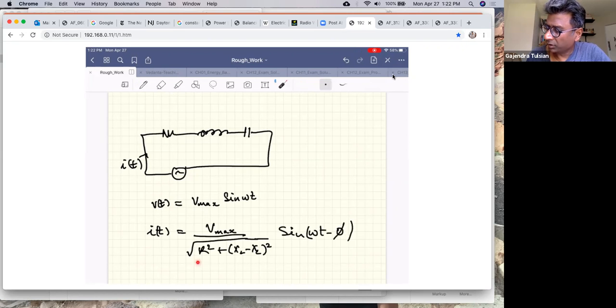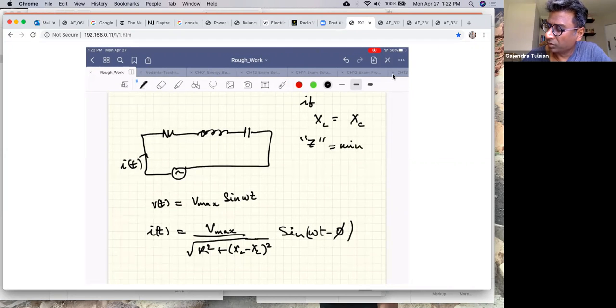Okay, now let's look at this expression. The amplitude of the current will be maximum when the denominator is minimum. And there's this term: if this term went to 0, then the current amplitude would be maximum. So what we are saying is if XL were equal to XC, Z would be minimum.